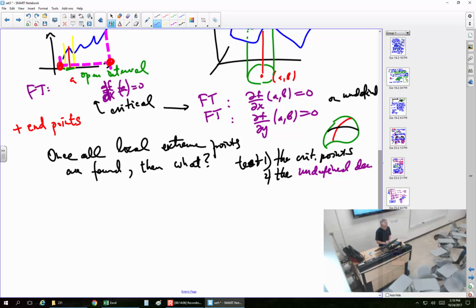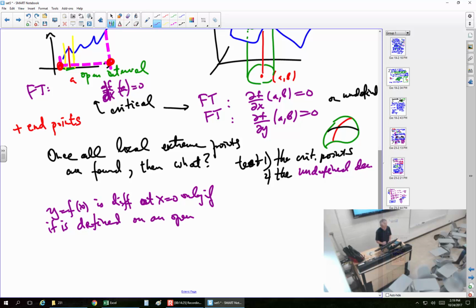Okay, so once again, y equal f of x is differentiable at a only if it is defined on an open interval around a.